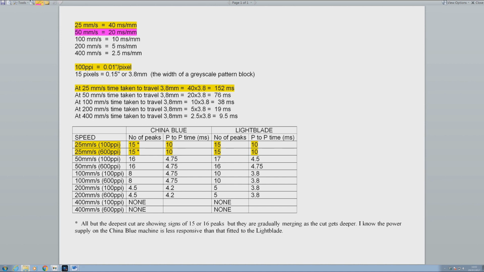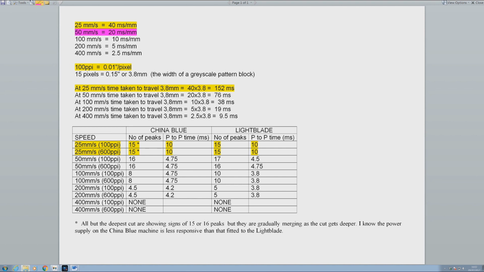Now, before we go down and look at the rest of the results, I want to jump up to the pink line above, and I want to remind you that when we were doing the dotty results, I was able to see clearly all the pixels available when we were running at 50 millimeters a second and 100 pixels per inch resolution.